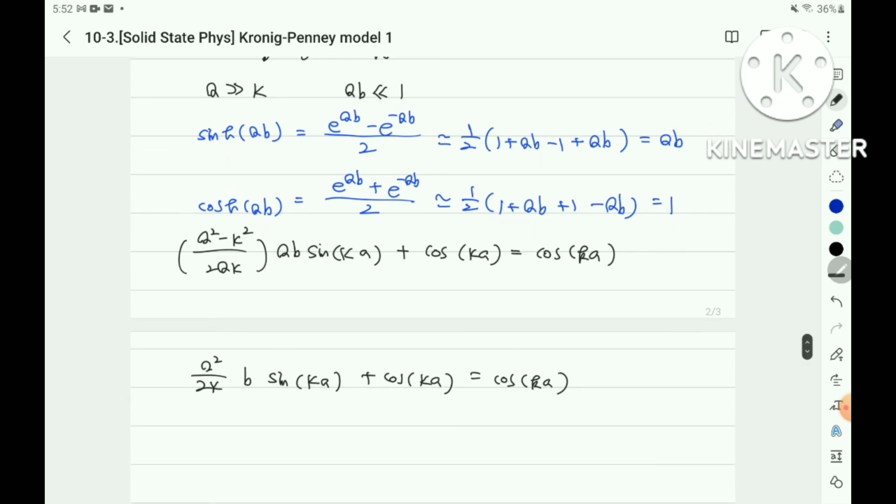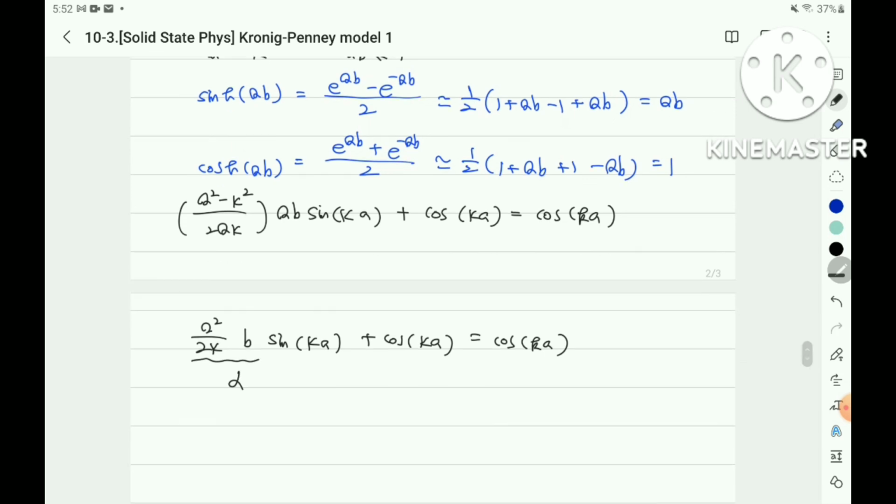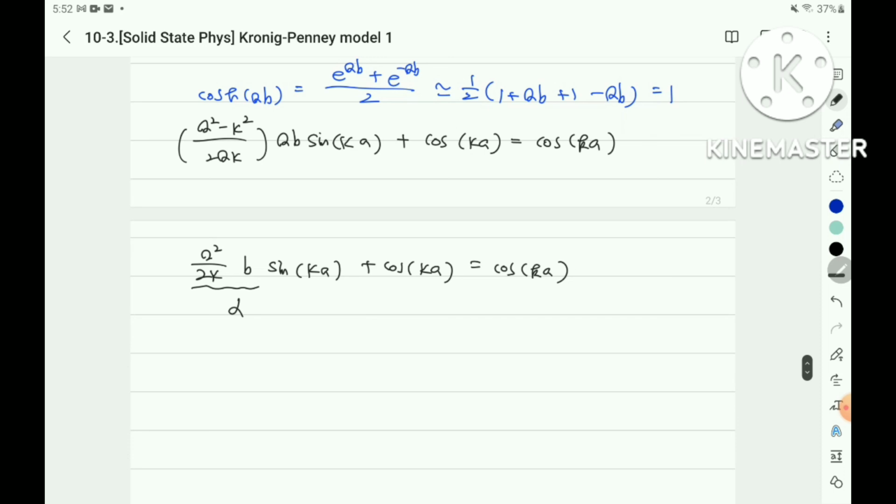Here, let's call this one alpha. Let's define alpha as Q squared b over 2, and make it in terms of Ka.